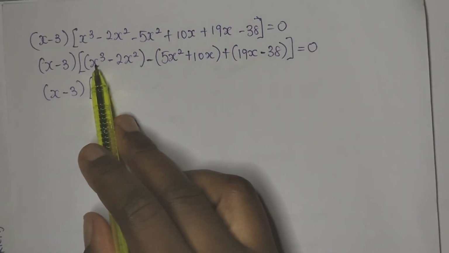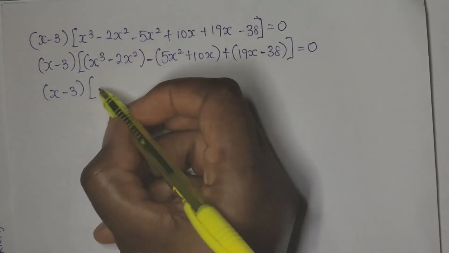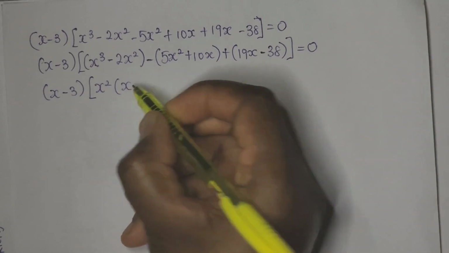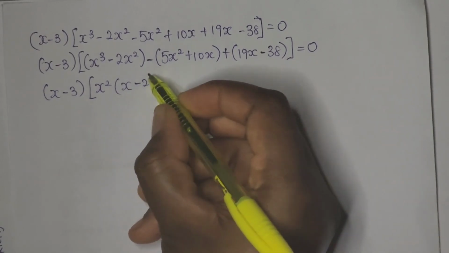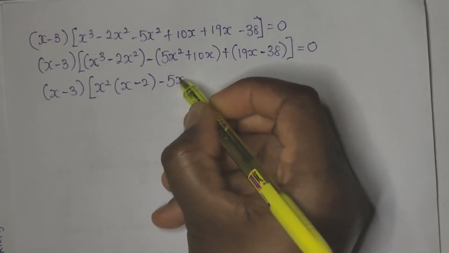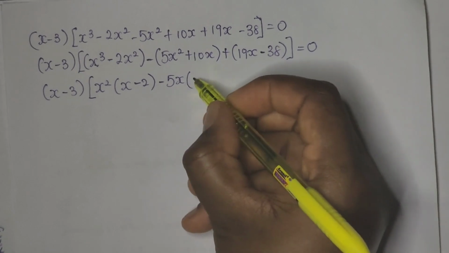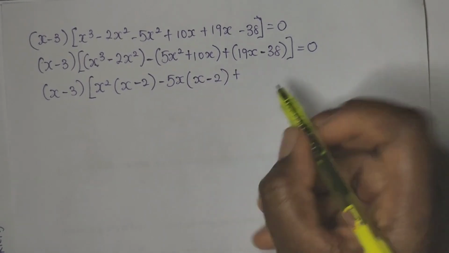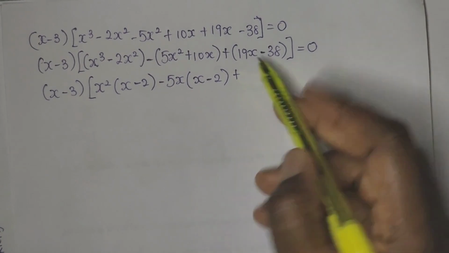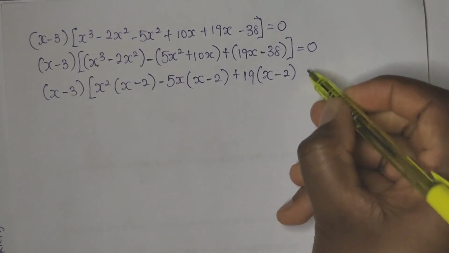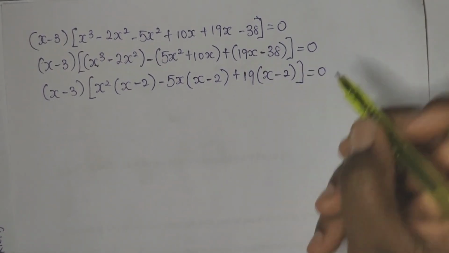Let's factor out x to the power of 2 from here. We have x squared times x minus 2. Factor out minus 5x. We have x minus 2 plus, and factor out 19 from here. We have x minus 2, all equal to 0.